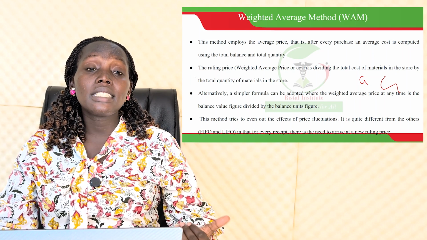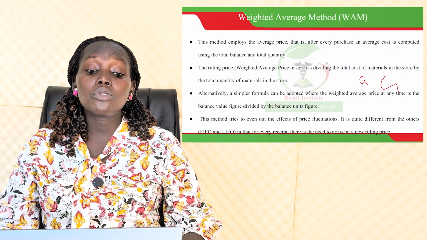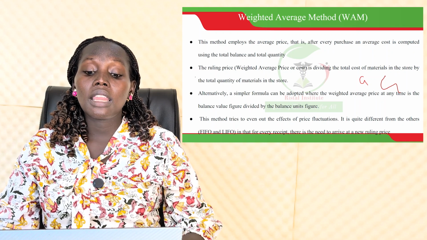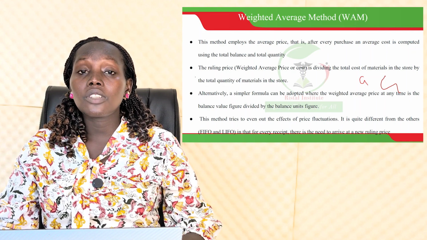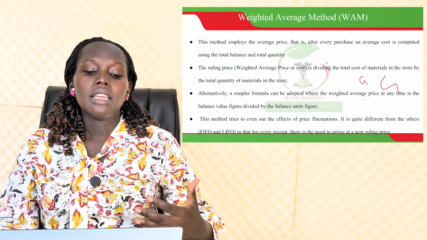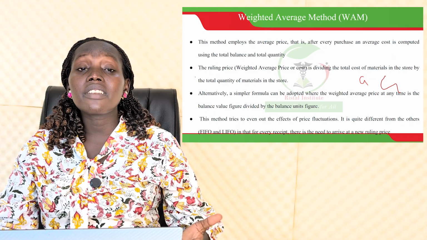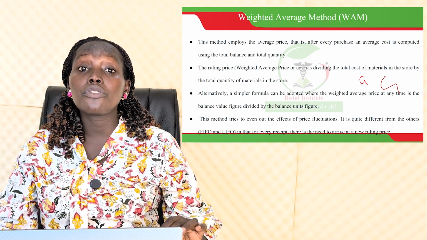This method tries to even out the effects of price fluctuation. It is quite different from the other methods, FIFO and LIFO, in that for every receipt there is the need to arrive at a new ruling price.